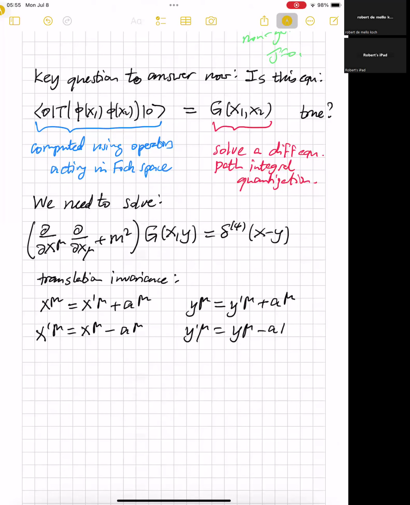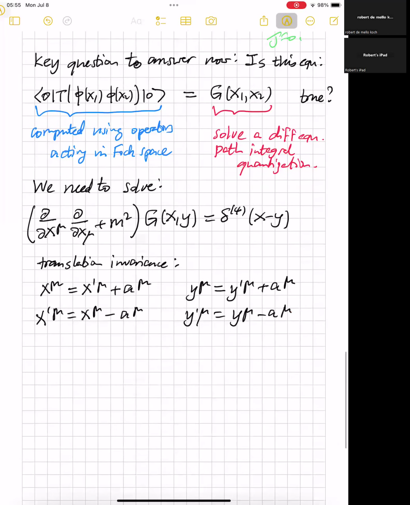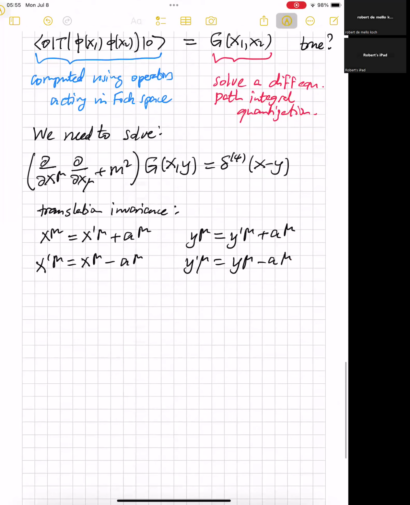Okay, good. So now let's perform this change of variables. If we did perform this change of variables, what would happen to ∂/∂x^μ? Well, we can write this by the chain rule as ∂x'^α/∂x^μ times ∂/∂x'^α. And remember, the α index is summed, so this equality is because of the chain rule. In these equations for the change of variables, a^μ is a constant.